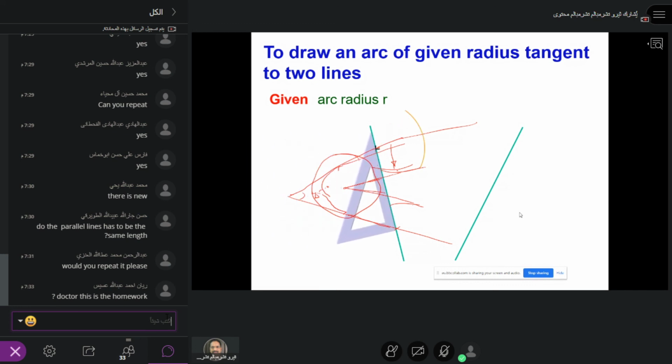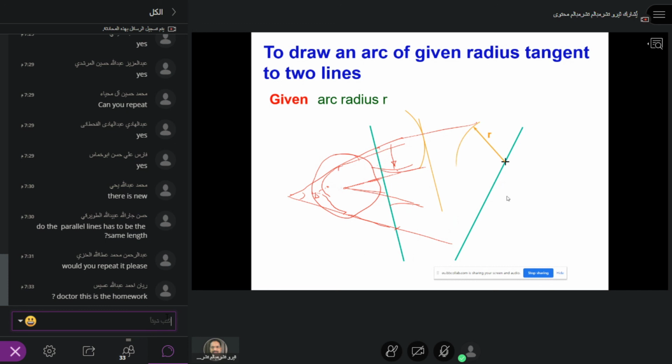Radius R is given, and then you draw the tangent by making the arc. So what you did, keep the 30-60 set square parallel to this, then move it all the way and join it there.